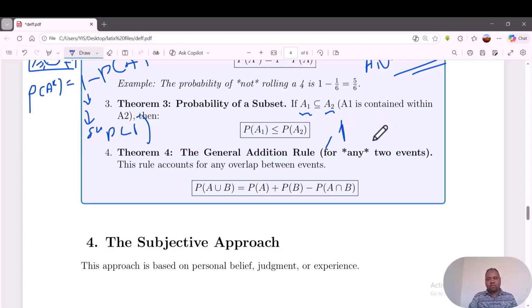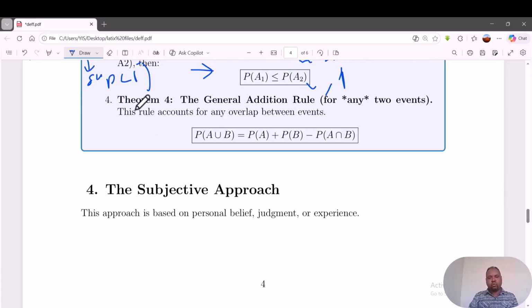It is obvious that if A1 is contained within A2, then A2 is the superset. This can be extended to probability too. The probability of A1 is less than or equal to the probability of A2, since the superset is larger in probability too.